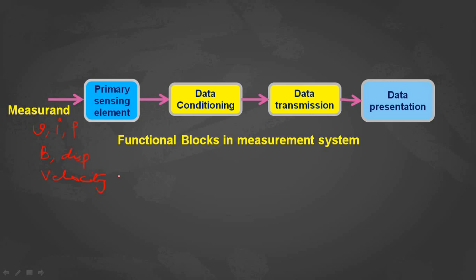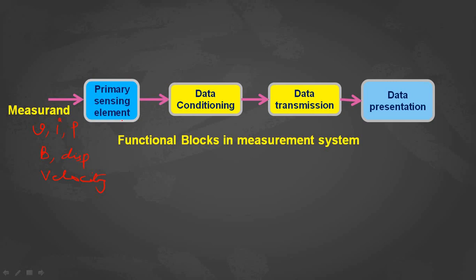In a data acquisition system or in a closed loop operation, the quality of the output depends upon the quality of the input. So the input device plays an important role.